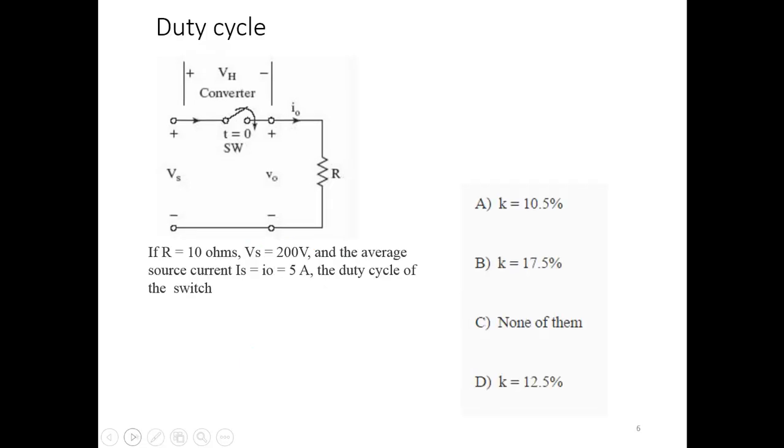The duty cycle. If R is given, Vs is given, and the average source current is given, you can find the duty cycle.